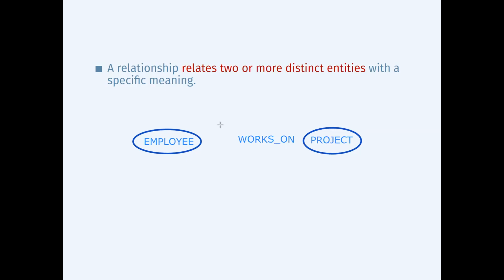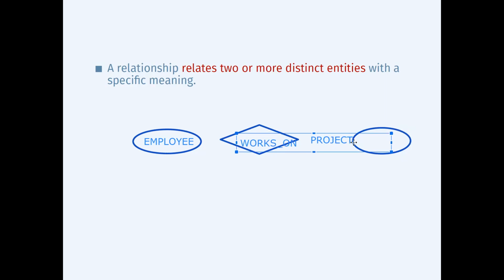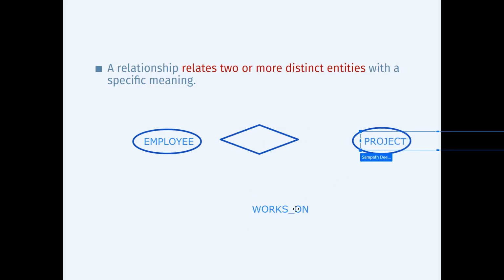And then we have a relation like this, works on. So now what will happen? Okay, we have project and we have works on. So this is called a relationship, and you can combine the relationship with lines.